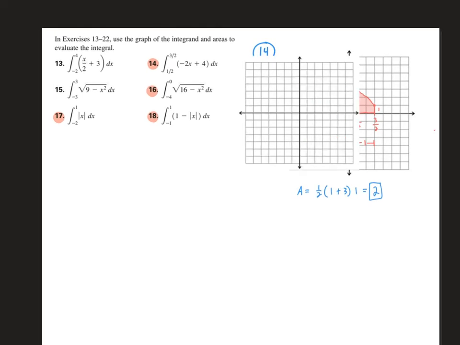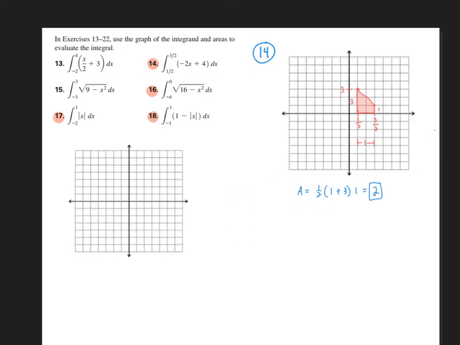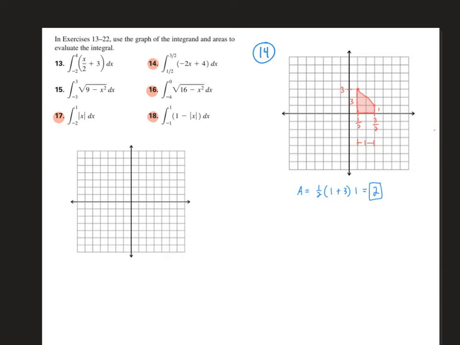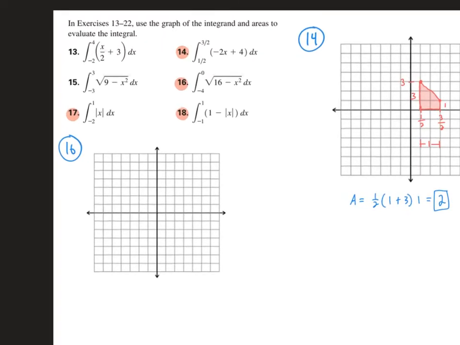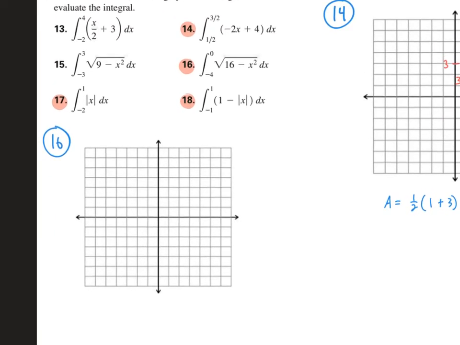Okay, let's do 15, 16. Okay, so that's a semicircle, radius 4, centered at the origin. But we only care about it from 0 to -4. So you can see if you plug in 0, you get 4, which makes sense. 0, 4, that's that point. Plug in -4, you get 0 here. And then we can see this is just a semicircle here.